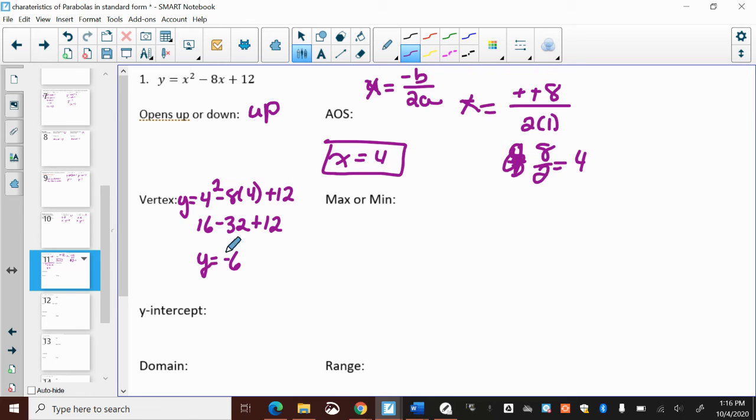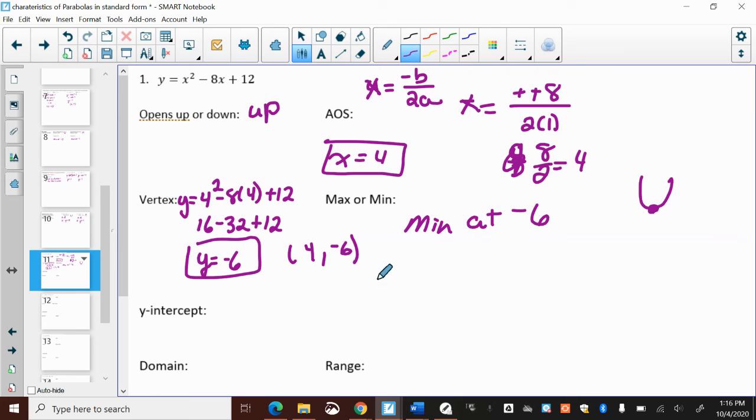So our vertex comes from the x value of the axis of symmetry and the y value that we found by plugging it in. Because we know it's opening up, it's a minimum value, right? If they're opening up, your vertex is on the bottom, and it happens at this y value. So it's a minimum at -6.